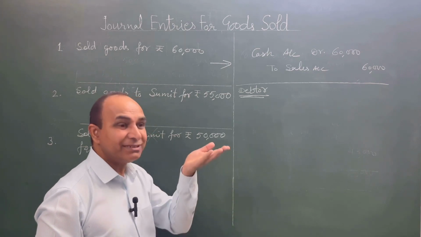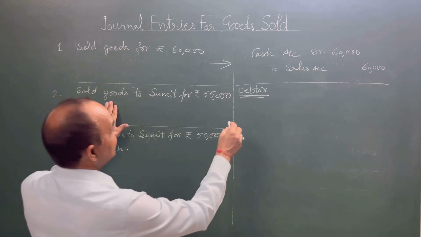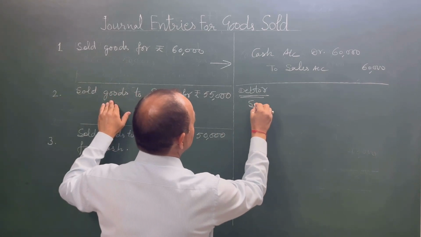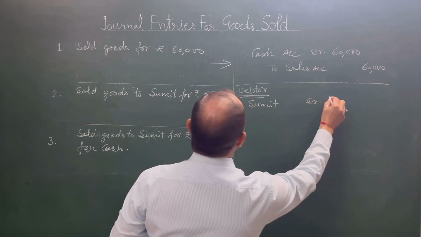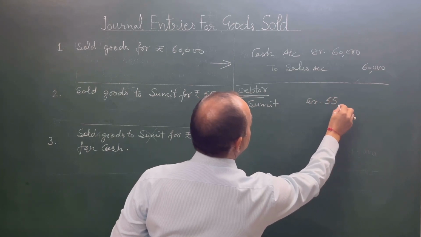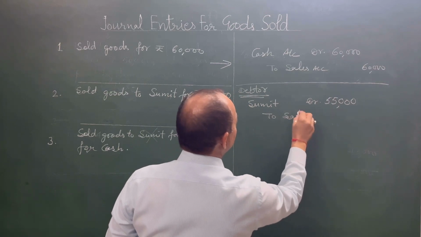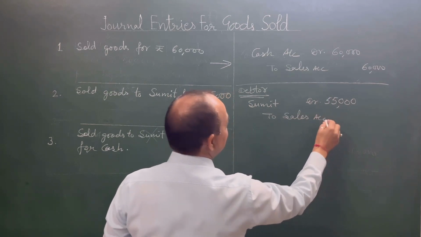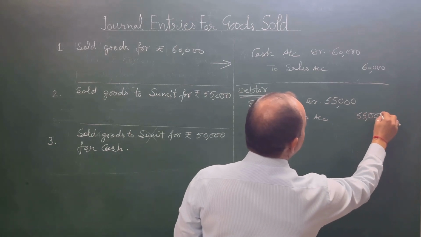And whenever an asset increases, it is debited. So the journal entry in the second case will be Sumit debit 55,000 to sales, and you know sales being main source of revenue, and a nominal account will be credited.